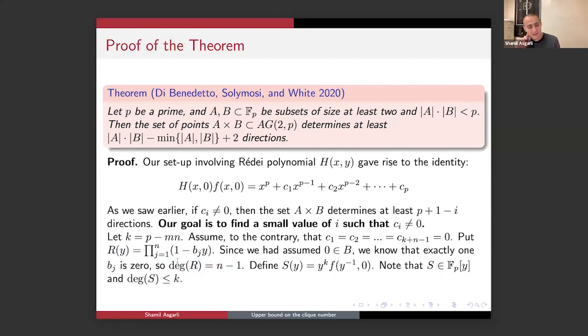And similarly, let's define S of y to be y to the k times f of y inverse, comma 0. And then S is a polynomial in y of degree at most k.